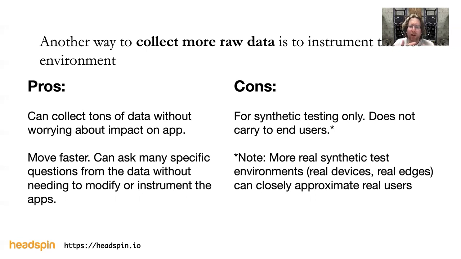So you're not impacting the application logic. You can also move faster because you can ask many specific questions from the data and collect data sets without having to modify the application. So really, this is a way to get around a lot of the code review and impact on the actual application. So you can start to decouple the non-functional testing from the application development itself.